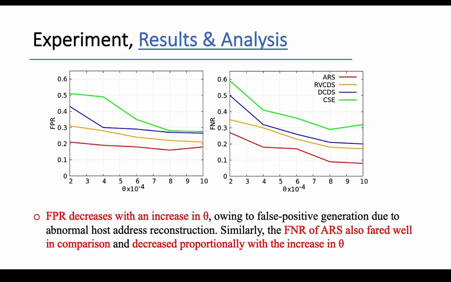The average values of the test sets for each approach are again represented in this figure and in figure 6 in the research paper. It was observed that the FPR decreases with an increase in theta, owing to false positive generation due to abnormal host address reconstruction. Similarly, the FNR of ARS also fared well in comparison with the other approaches and decreased proportionally with increase in theta, owing to accurate cardinality change estimation.